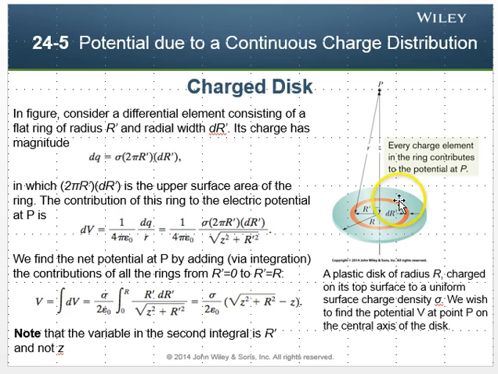Now if you wanted to start with just a little bitty wedge, and say, well, what's the area of that wedge? The area of that wedge is r d phi dr, and we just integrate phi from 0 to 2 pi.